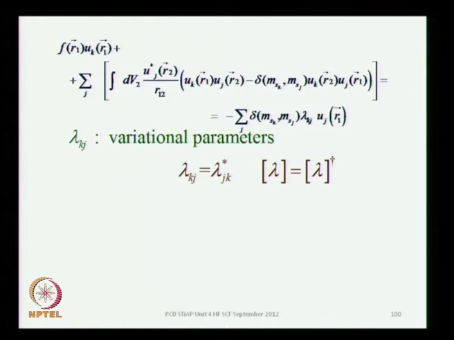So, you can look for a unitary transformation which will diagonalize the matrix of the variational multipliers.